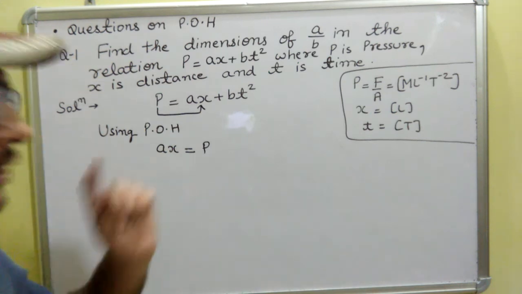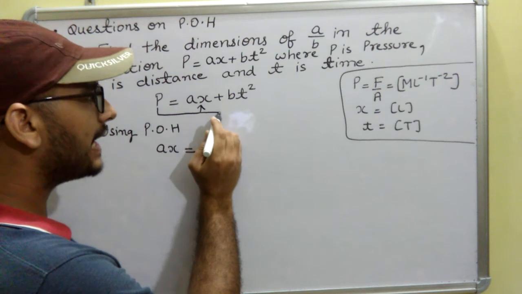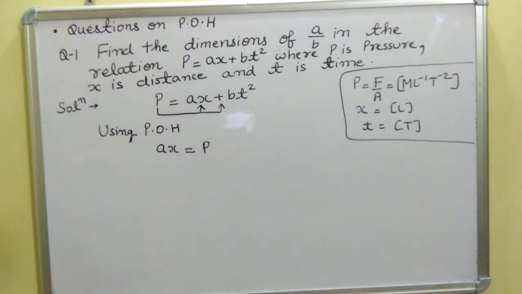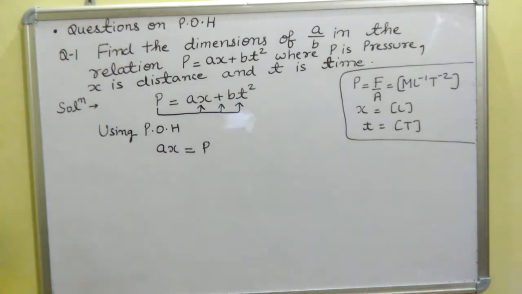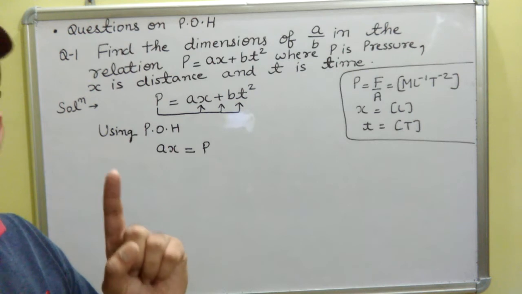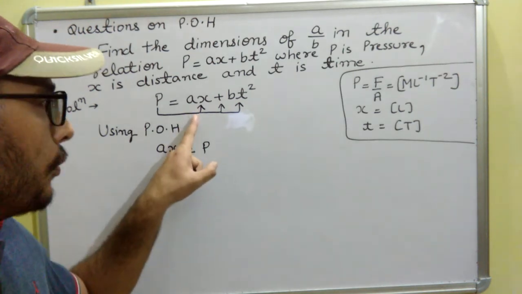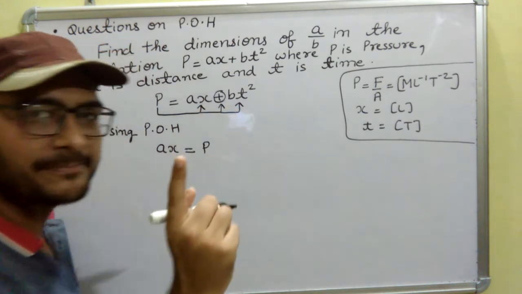Now look at the other thing, when I again move forward, then I am getting a sign plus. After that I am getting BT square. Now principle of homogeneity has also given us information that only same dimensions can be added or subtracted.